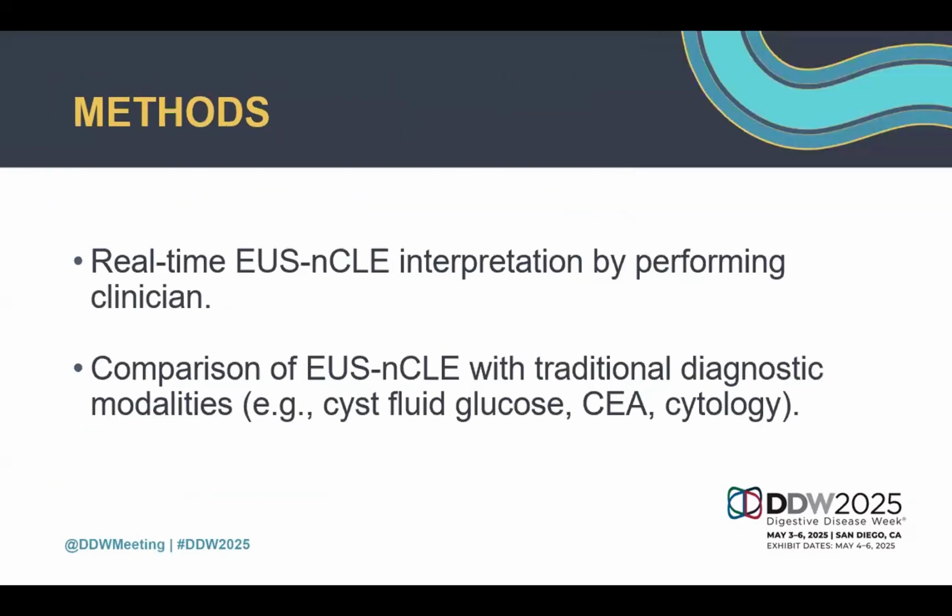All of the EUS-nCLE patterns were interpreted and documented in real time by the performing clinician during the index procedure. We then analyzed the nCLE accuracy for differentiating mucinous from non-mucinous pancreatic lesions and compared it to both NGS and standard diagnostic modalities such as cyst fluid glucose, CEA, and cytology.